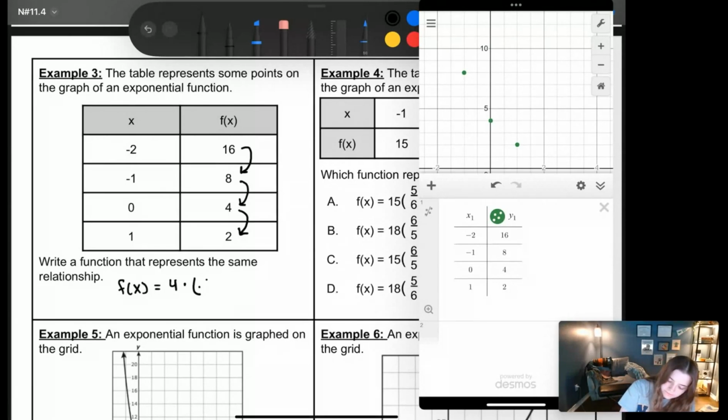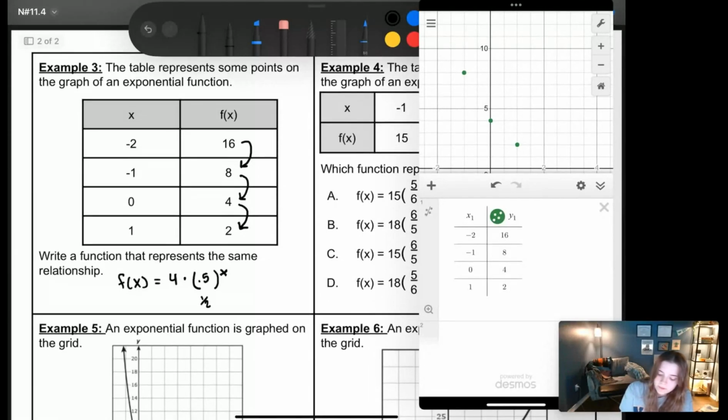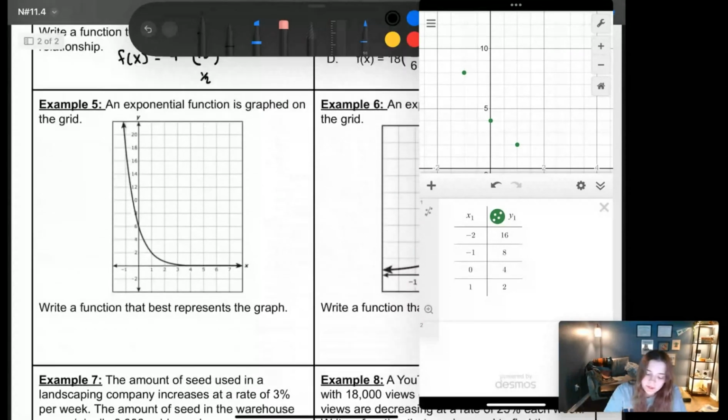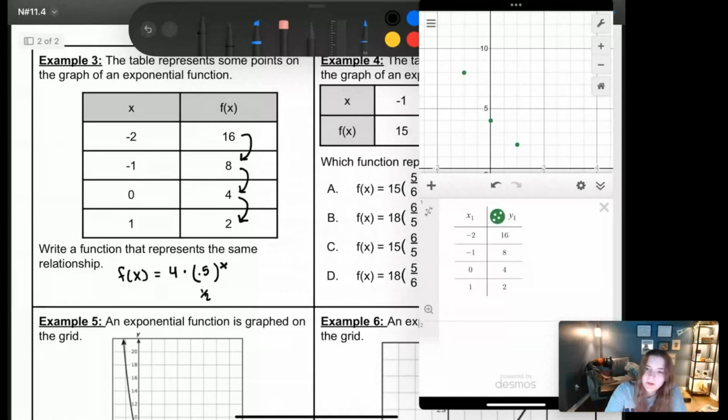So, 0.5, or if you said half, for x number of times. Okay? All right. Let's check out example 4, and then you are going to try those last 4 examples on your own. But again, I am going to use my best friend Desmos.